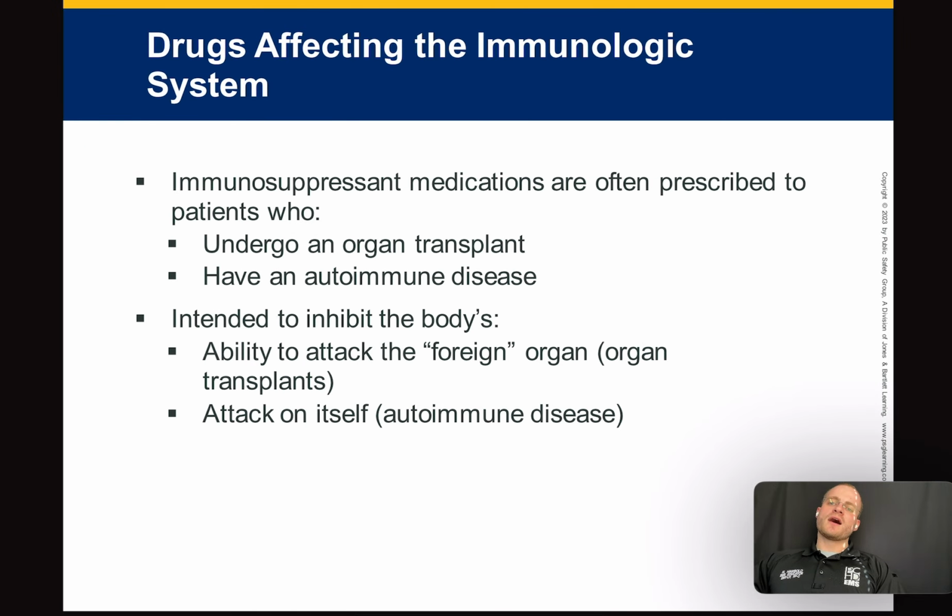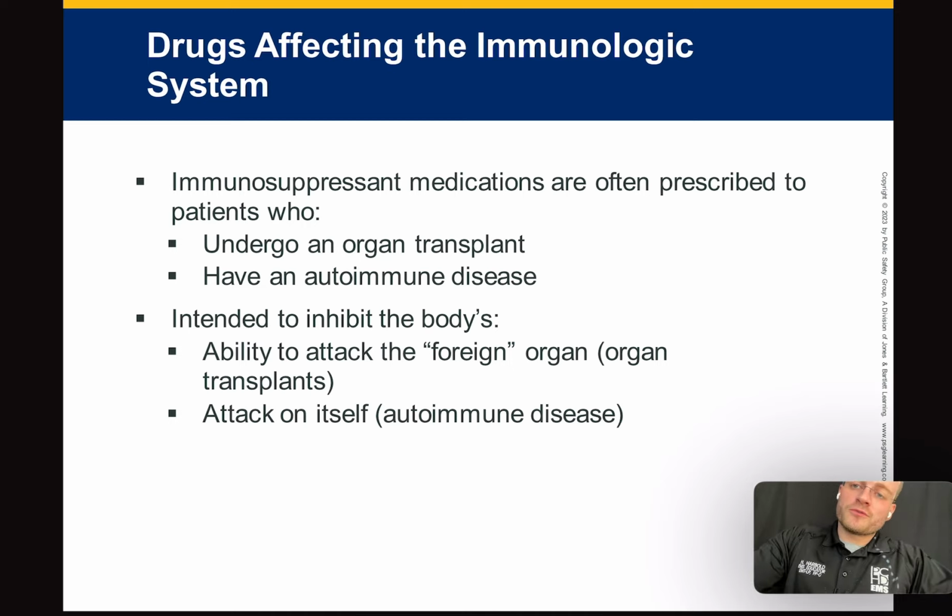My apologies. So, drugs affecting the immunological system. Immunosuppressant medications are often prescribed to patients. If someone has an organ transplant, it's never going to be a perfect match, even usually amongst twins. So you have to knock down their immune system so their body doesn't attack this foreign stuff, like a new kidney that's really not theirs. So we knock down their immune system intentionally. Also if they have an autoimmune disease, like lupus or myasthenia gravis or multiple sclerosis, the list goes on and on.